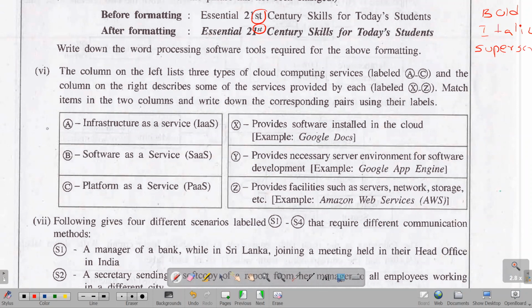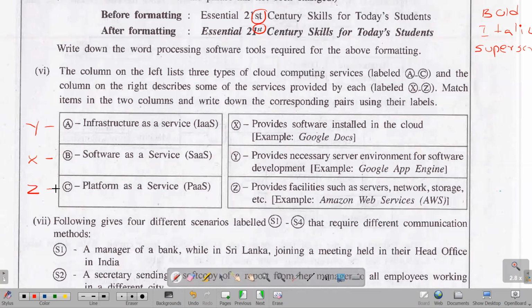So it is going to go with Y because the development factor is there. Software as a service means the cloud is providing us particular software without installing it on our computer. We can use it just by logging in to the cloud. So it goes with X, and definitely PaaS is going to go with Z, right?